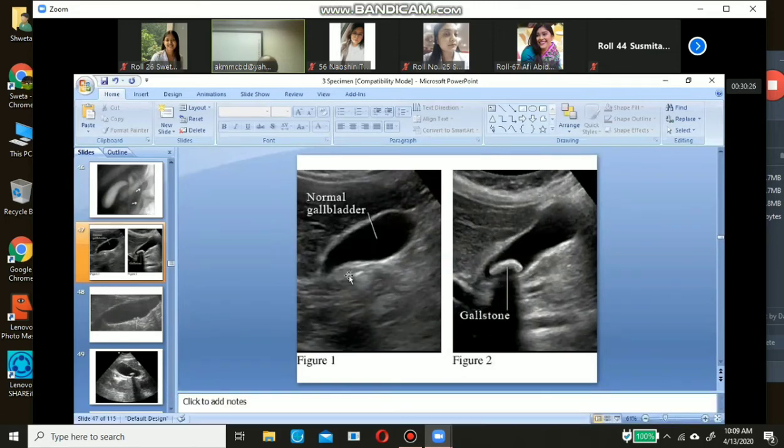Here there is no shadow like that. Then this is the stone, a stone in the gallbladder, which produces a shadow behind it. This is a case of gallbladder stone.